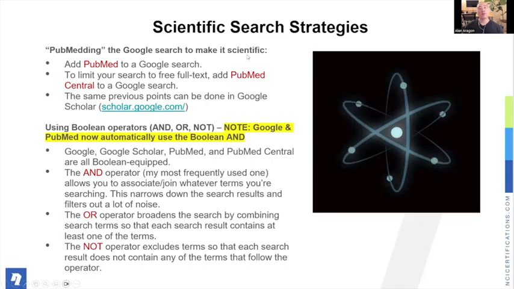One of the simplest ways that you can make a search scientific is by adding the term PubMed to it. If you want to limit your search results to free full text instead of abstracts, since a lot of them have a paywall to get to the full text of the article, then you can attach the term PubMed Central to your Google search.